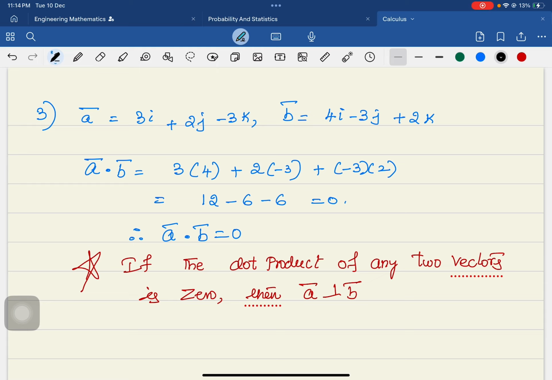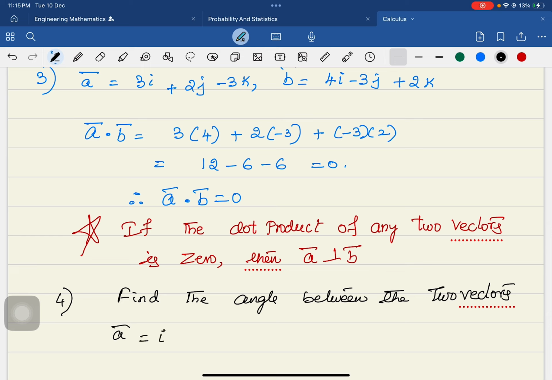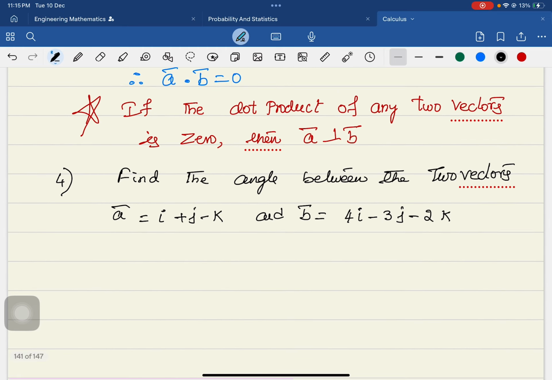Now let us take one more problem and find the angle between the two vectors. A bar is given by i plus j minus k, and B bar is given by 4i minus 3j minus 2k. So now what is the angle?